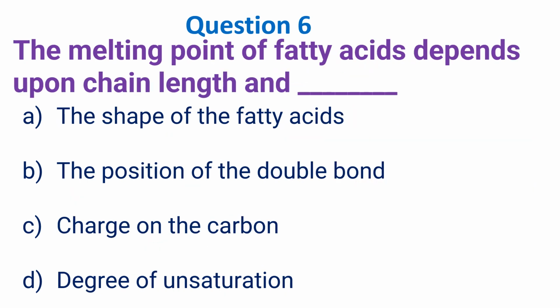The melting point of a fatty acid depends upon the chain length and dash. Options are: A, the shape of fatty acid; B, the position of double bond; C, charge on carbon; D, degree of unsaturation. The melting point of a fatty acid is determined by the length of the chain and the number of double bonds. The longer the chain, the higher the melting point.